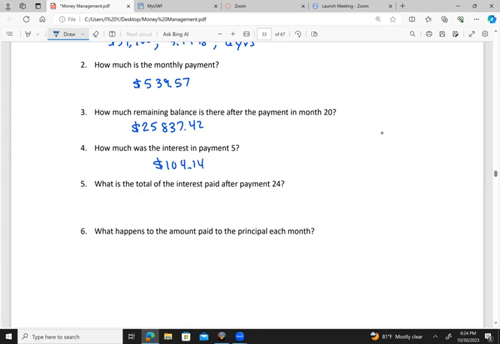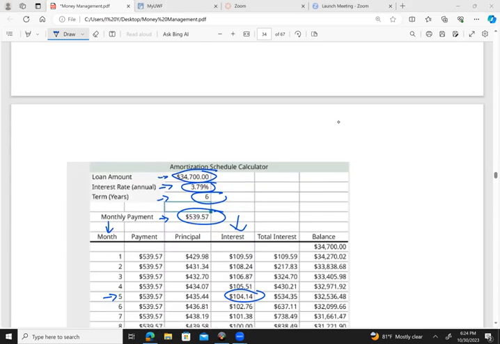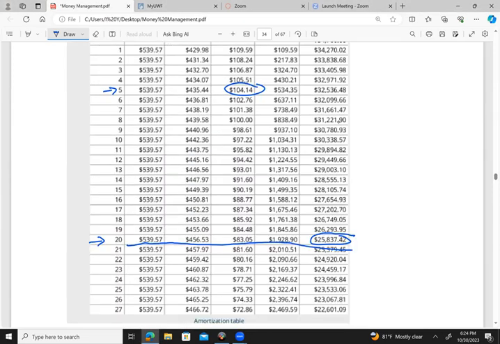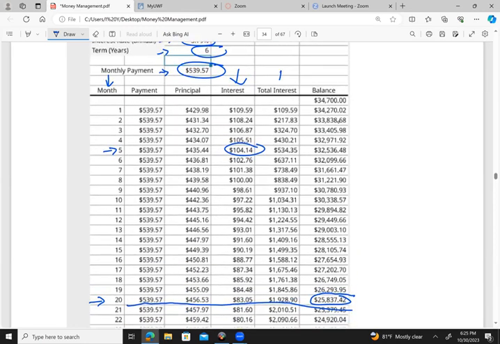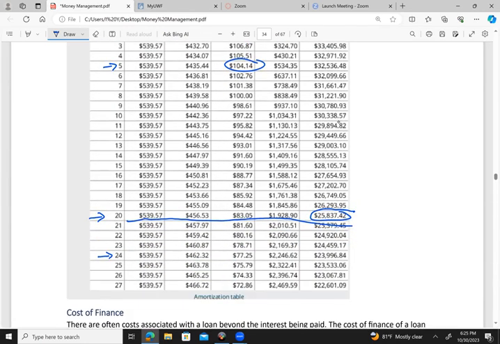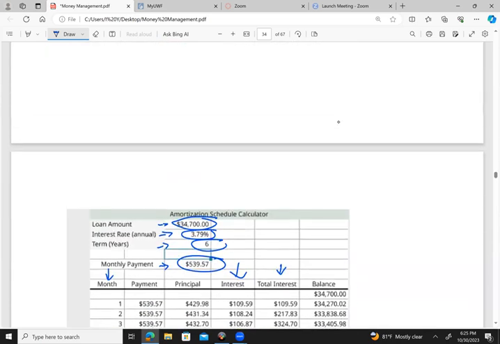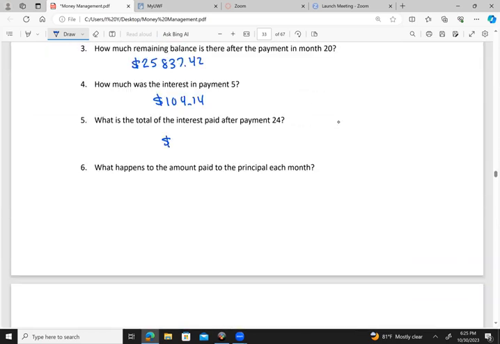What is the total of the interest paid after payment 24? So here's payment 24. Total interest is this line here. So working our way across, $2,246.62. What happens to the amount paid to the principal each month?